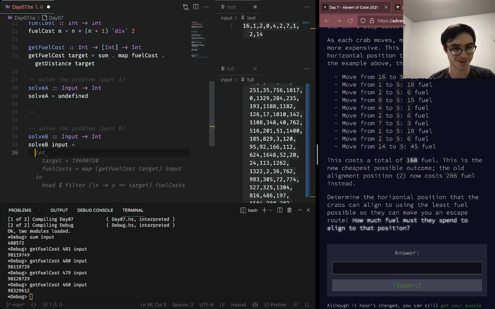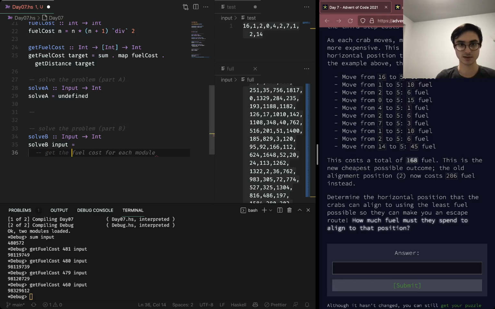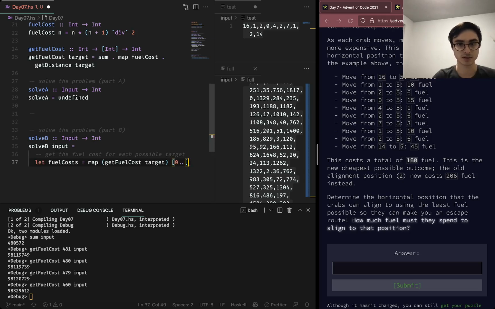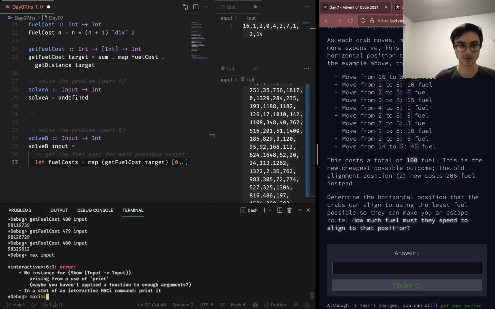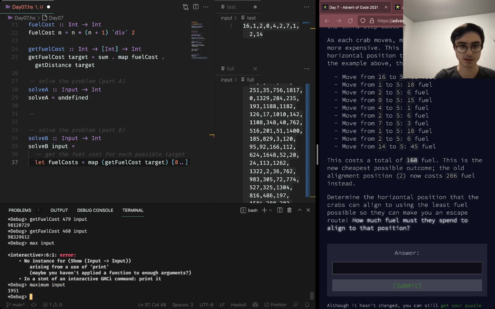Okay, well, I don't know what it's doing, but I guess let's write a comment. Get the fuel cost for each possible target. And then let's just go up to, what is the maximum? 1951. So we'll just go up to, I mean, it's not going to be more than, let's say 1400.